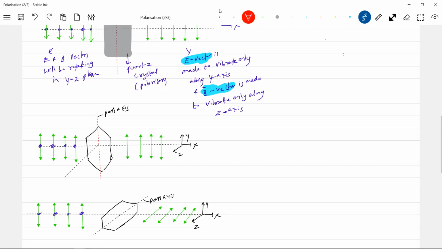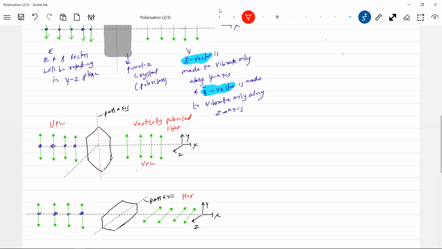This is the unpolarized light. This is vertically polarized light, VPL.